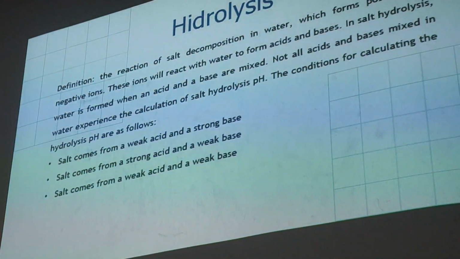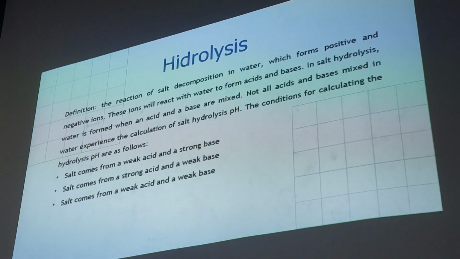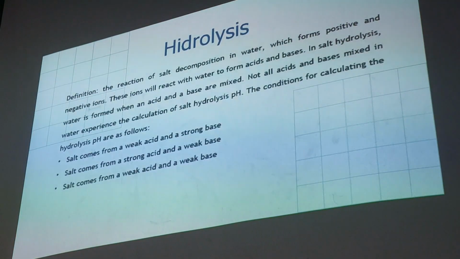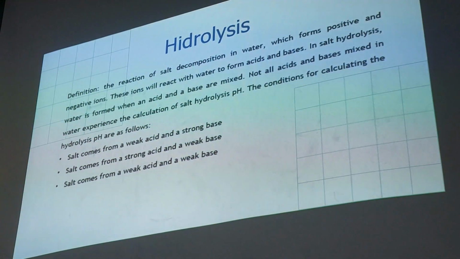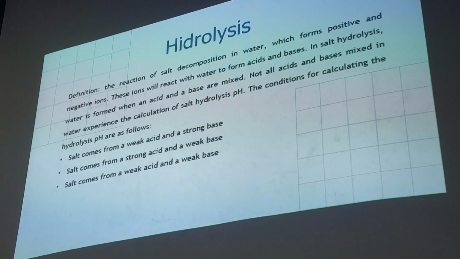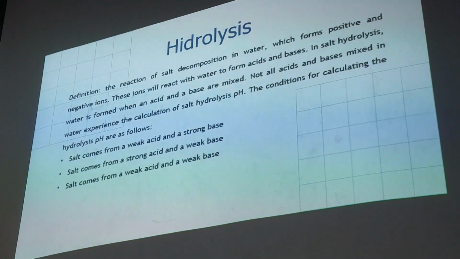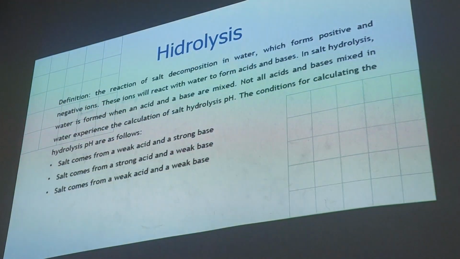And the last one is hydrolysis. We can include hydrolysis in our test, but I just want you to know what hydrolysis is, because sometimes you can be perplexed between hydrolysis and buffer. Which one is buffer and which one is hydrolysis?